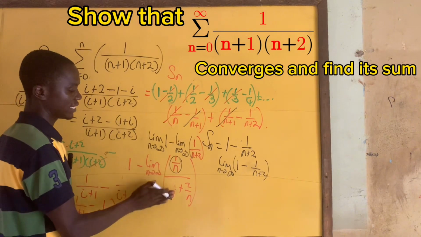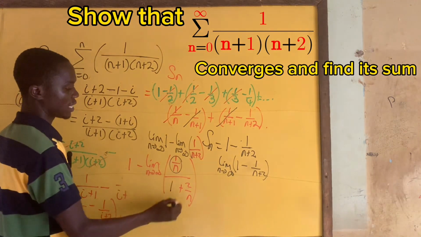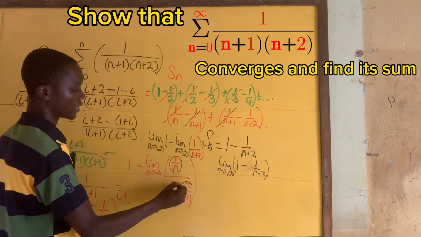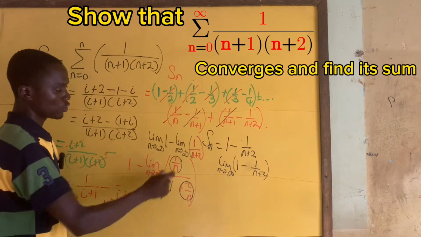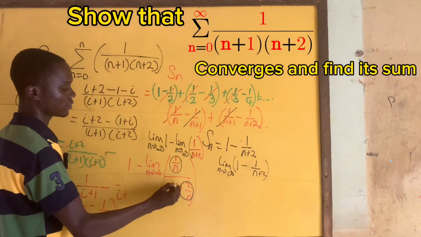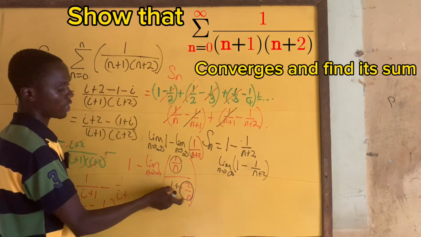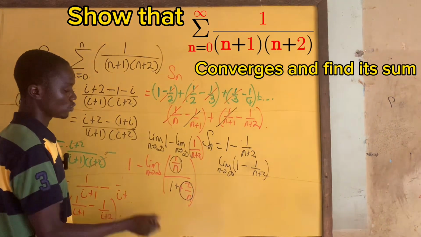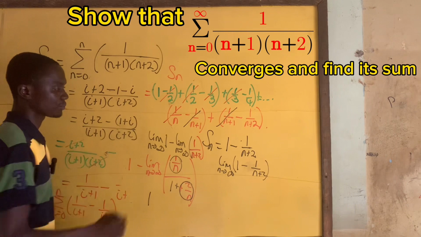N divided by n is 1, and 2 divided by a very large number is also 0. So 0 divided by 1 plus 0 is 0. So here we are going to have 1.